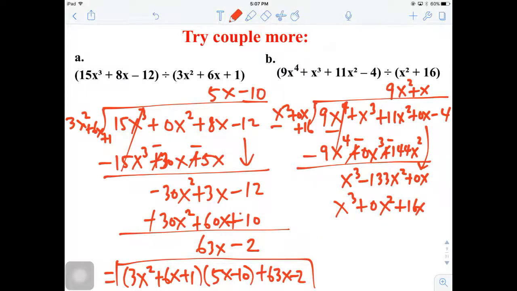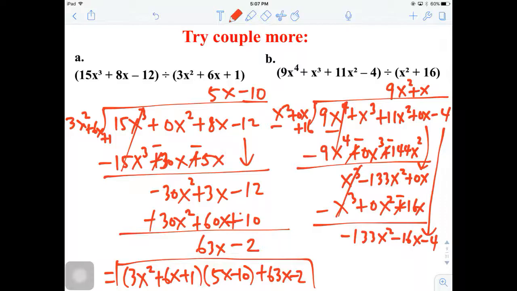And changing signs, we've got x cubed gone. We've got negative 133x squared minus 16x, and then I have one more number to bring down. That's a minus 4. So I need a negative 133.